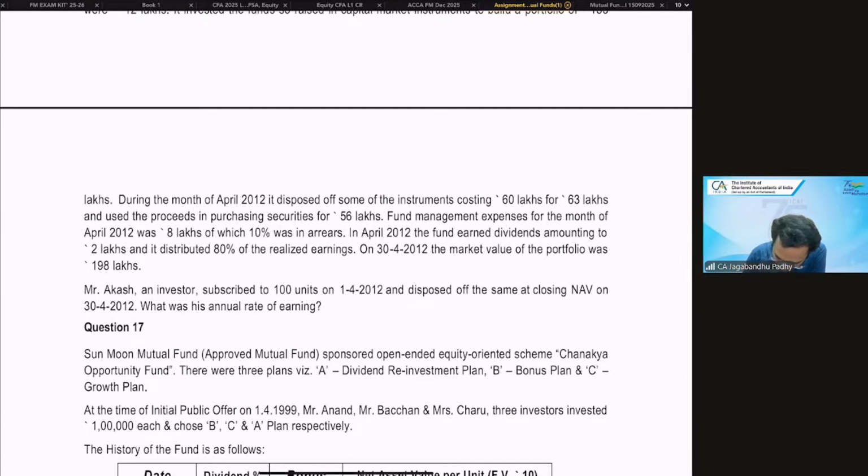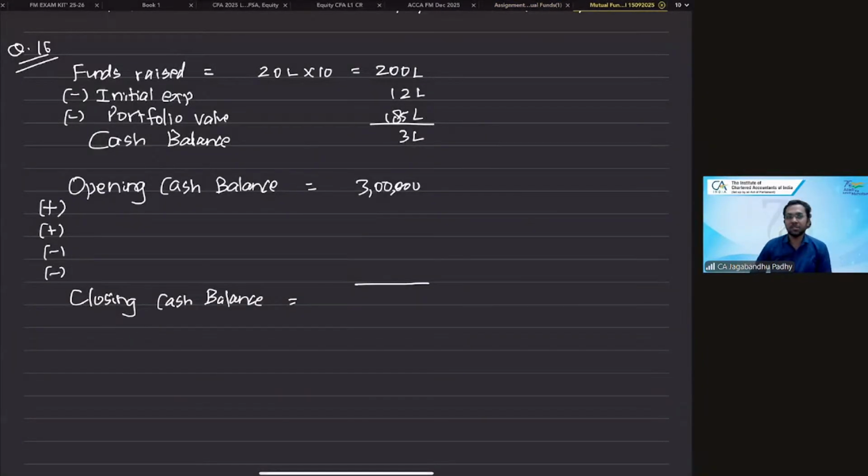From the information given in the question, you have disposed some of the instruments costing 60 lakhs for 63 lakhs. When you sell the instrument, is it a cash inflow or outflow? Inflow. So it's sale of securities, 63 lakhs. Did we purchase any security against this?